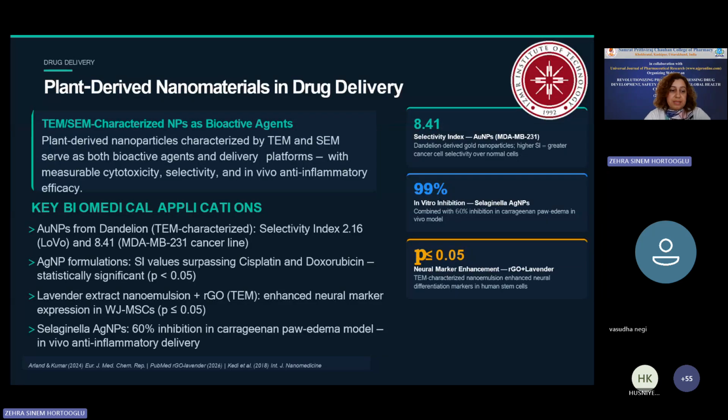Biomedical applications include, for example, gold nanoparticles from dandelion characterized by TEM, silver nanoparticle formulations, lavender extract nanoemulsion, and Selaginella nanoparticles showing inhibition in the carrageenan edema model, another model of in vivo anti-inflammatory delivery.